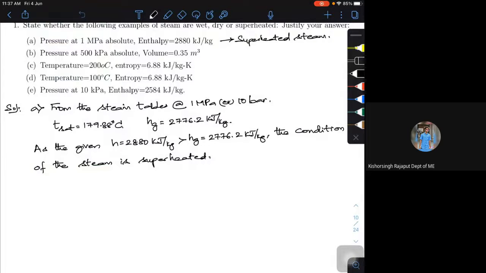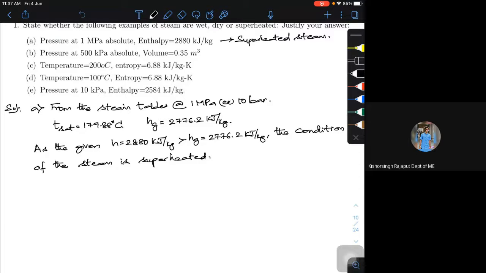The steam I'm supplying has 2880, which is greater than that value. The dry steam at 10 bar has an enthalpy of 2776.2, but the given steam has 2880. As the enthalpy of the given steam is greater than the enthalpy of dry steam, the condition of the steam should be superheated.